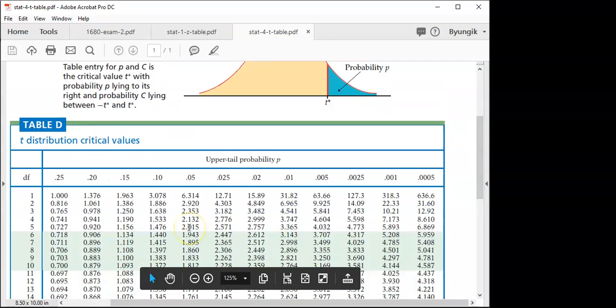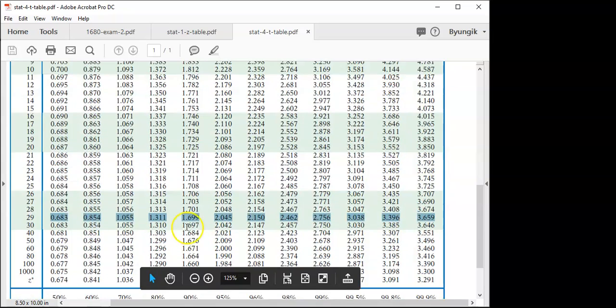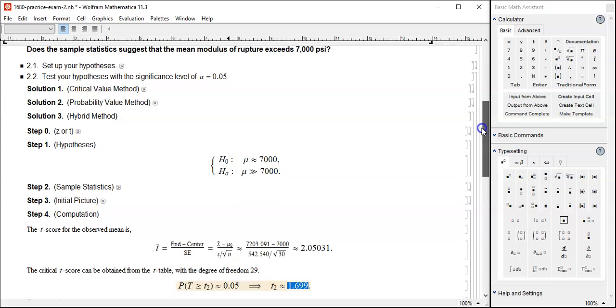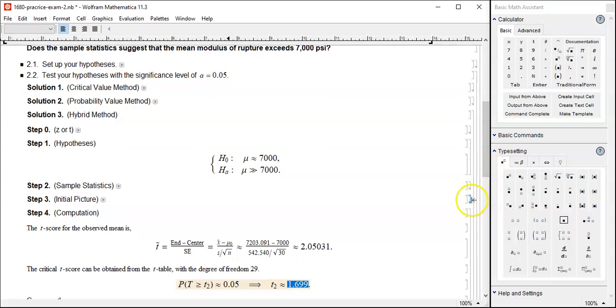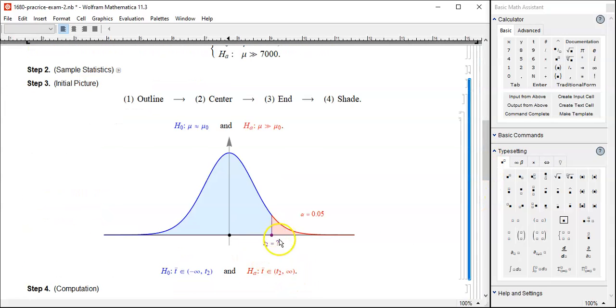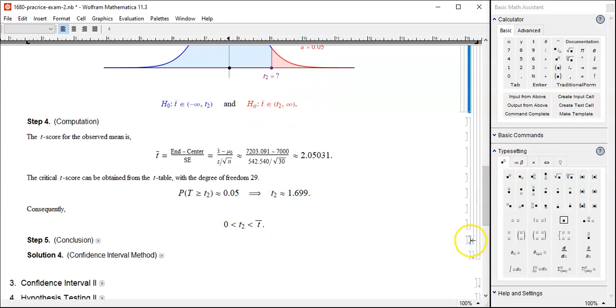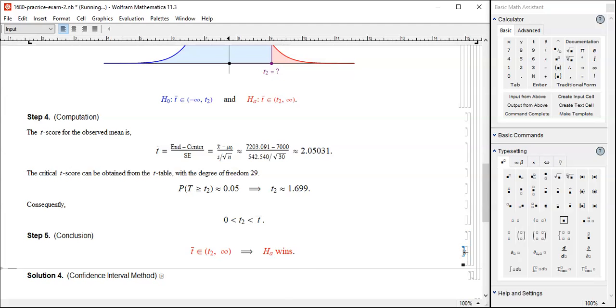In this column, let's go down: 1.699, and that's what you have to compare. 1.699 is the threshold, the critical t-score, and the other t-statistic we calculated is 2.05. Does it fall in red? That's what the conclusion is all about.